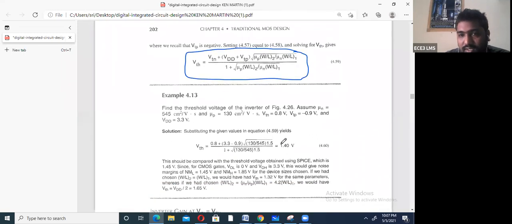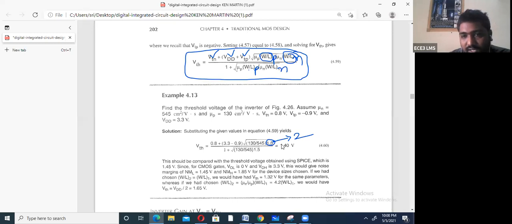Here in the problem, W by L2 and W by L1 means PMOS by NMOS. So that ratio they substituted 1.5 here. In pseudo NMOS they substituted 2. And VDD is the supply voltage, VTN the threshold voltage of NMOS, VTP the threshold voltage of PMOS. 2 means P, 1 means N. So mu P by mu N they have given.